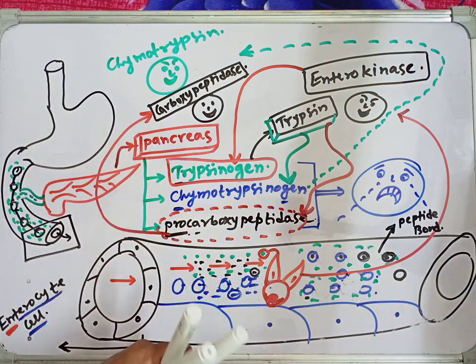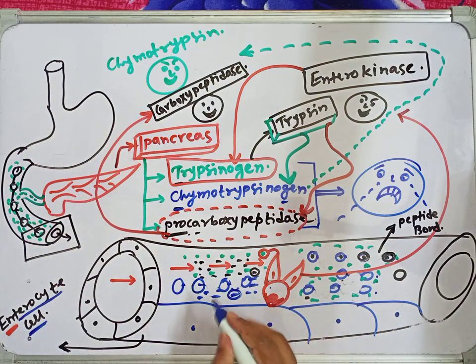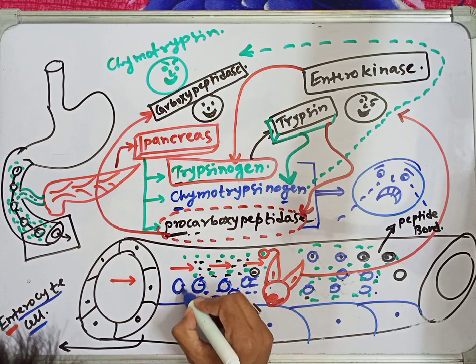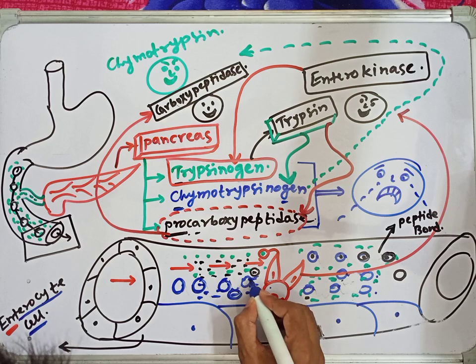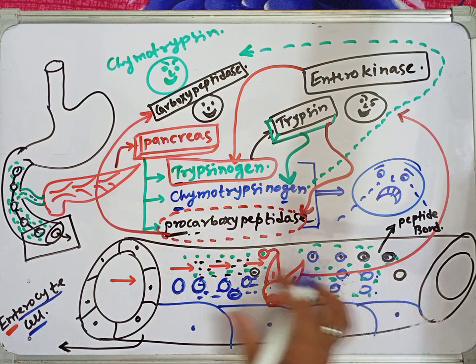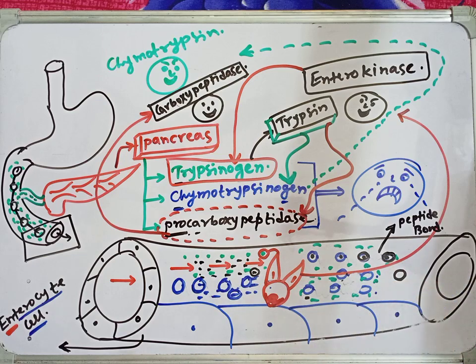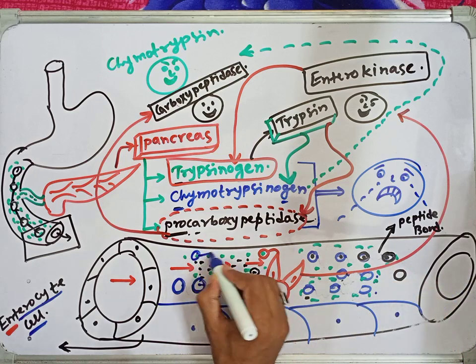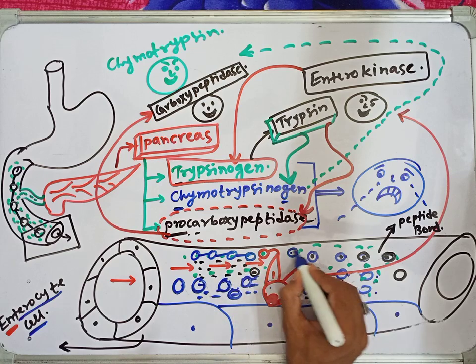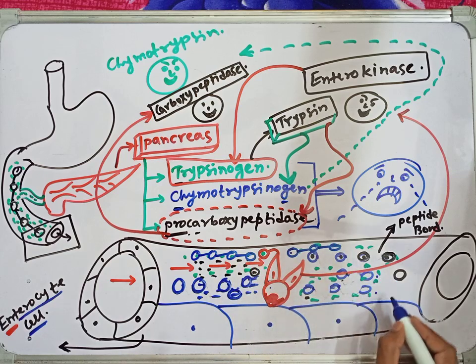After that, lots of amino acids are produced by breaking polypeptides as well as dipeptides and tripeptides, making all of these amino acids free. And there is also some peptide present there, tripeptide, dipeptide as well, right?